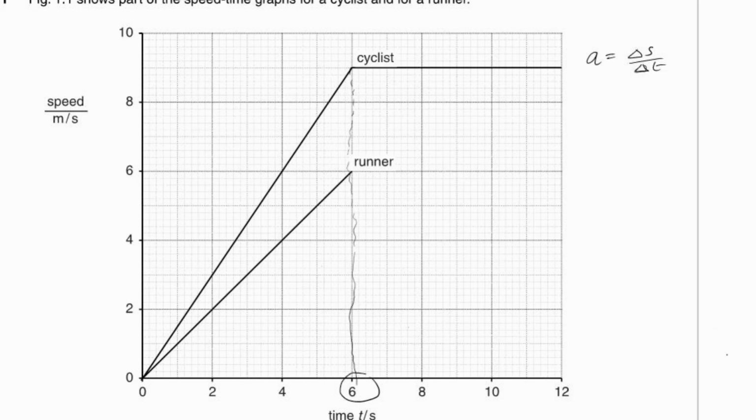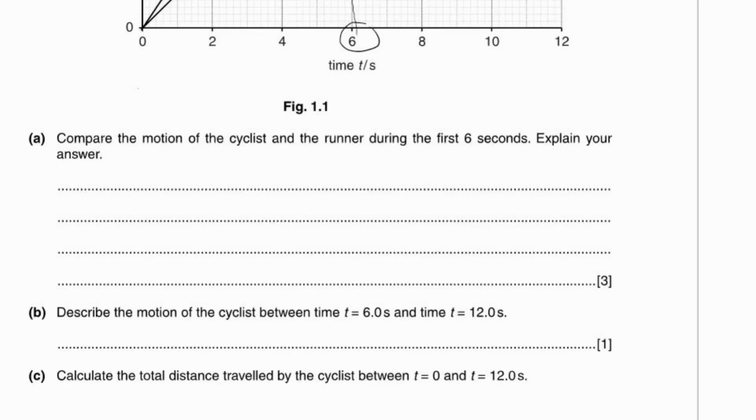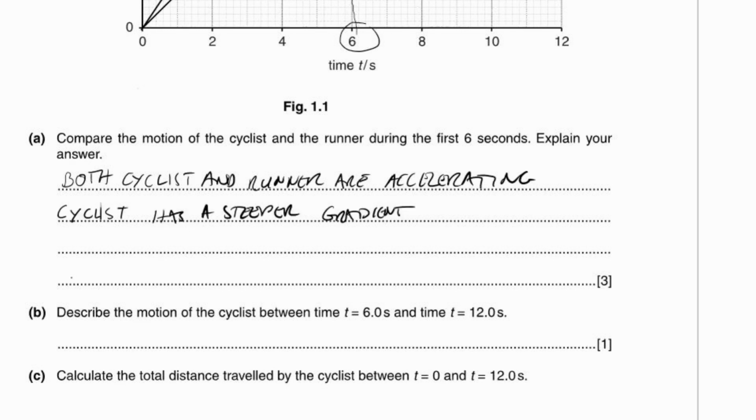So let's write that down. As we saw, the cyclist has a steeper gradient. And what we said is that means that the cyclist is accelerating at a greater rate. So there we go. 3-mark question, 3 main points we've brought up.